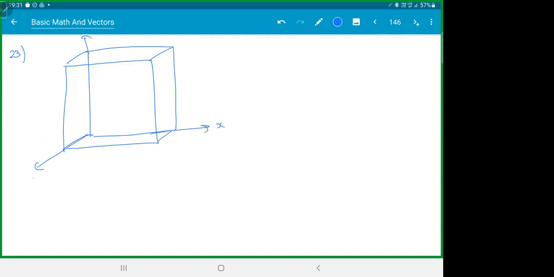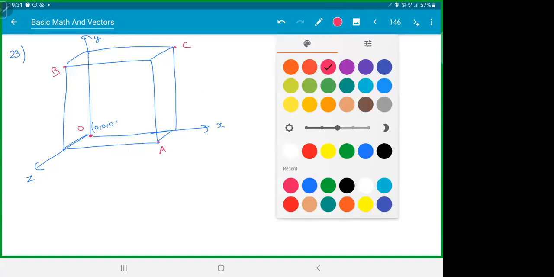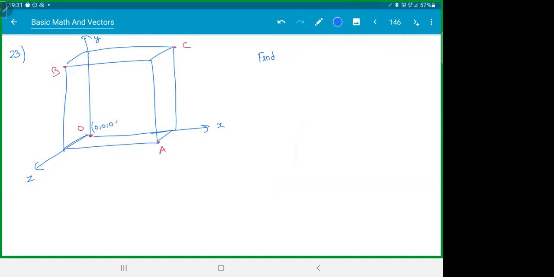So this is X, Y, and this is Z, and this is the origin. This is point O, this is point A, this is point B, and this is point C. It's a cube. Find the angle between OA bar and OB bar, OA bar and OC bar, and OB bar and OC bar.